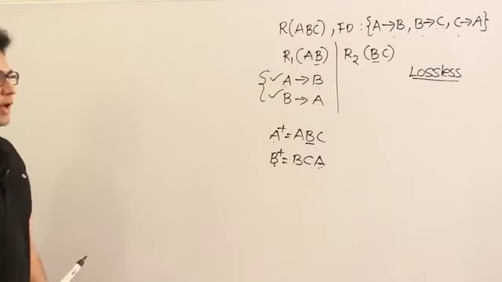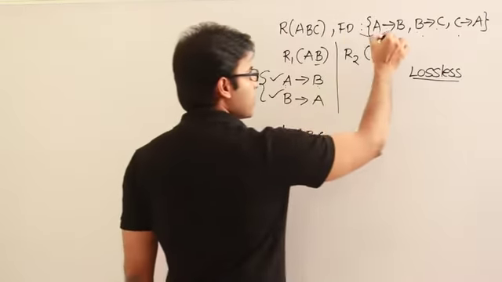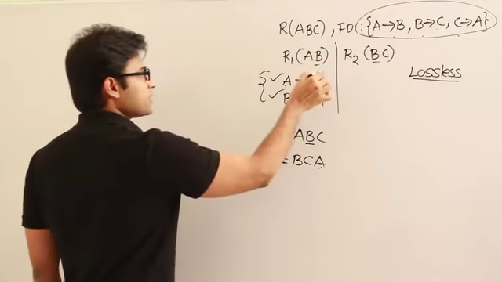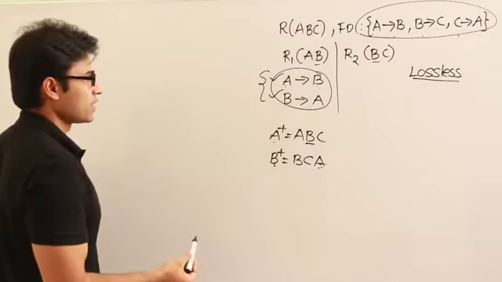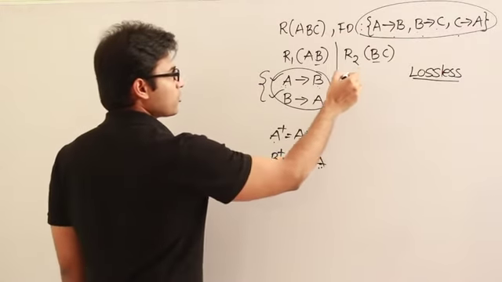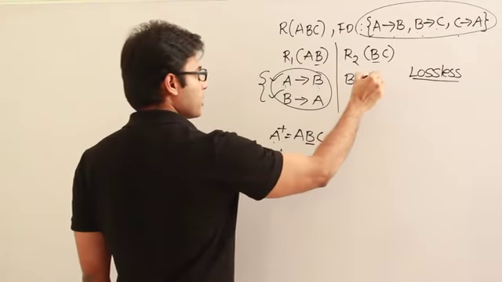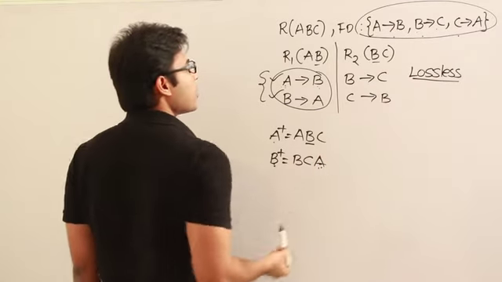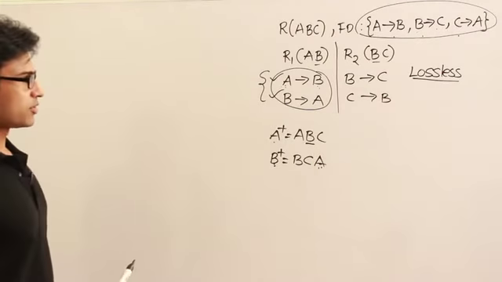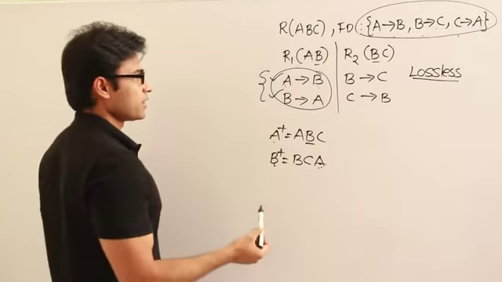Got it? Now the original set is divided into two sets. One set contains these two functional dependencies. Now I want to see what the other set contains. Again, I want to see the non-trivial dependencies, right? B determines C and C determines B. Now I want to check if these two are possible or not, right? So how can we check it?